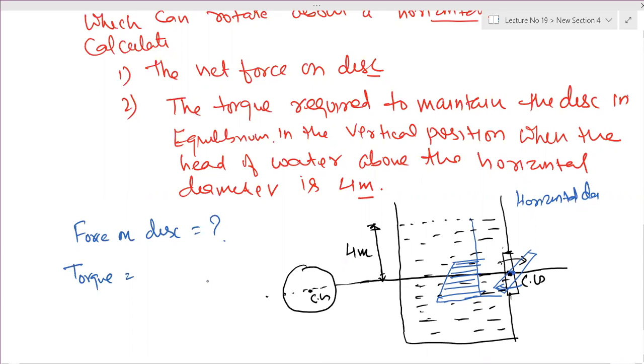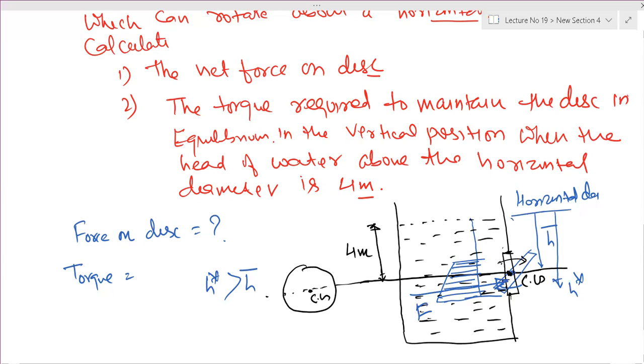You know, H star is always greater than H bar. So this is your H bar, and H star will be somewhere below this, where the total pressure force will act. The pressure force will act somewhere here, and it will not pass through the center of gravity, the center of the disc.